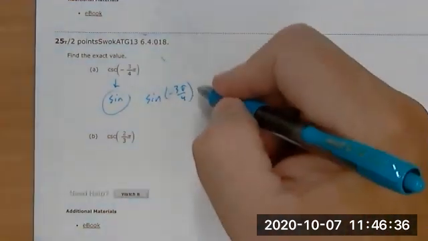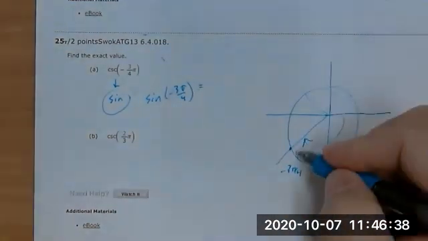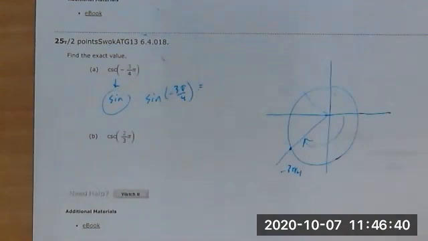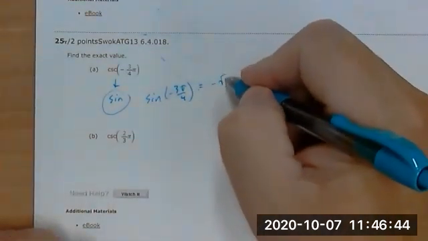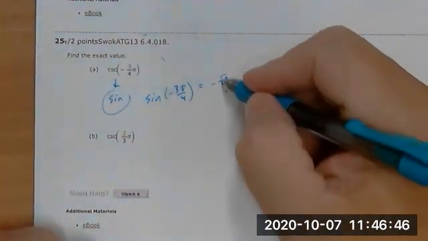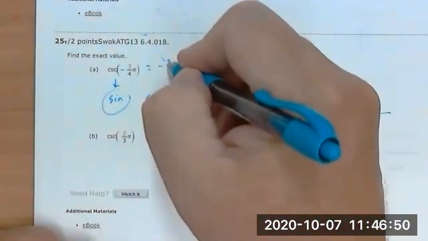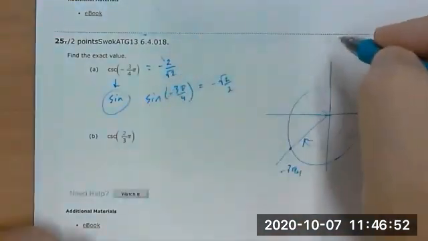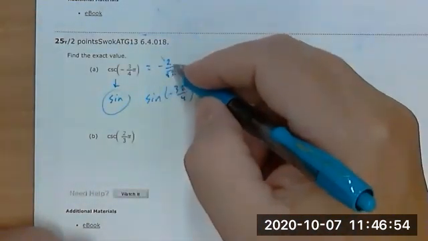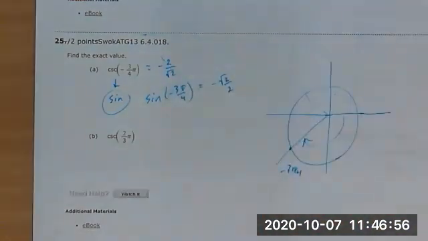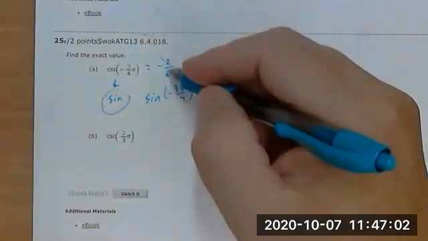What's the sine of that? This point right here, the sine, the value of y, is -√2/2. So I flip that to get the cosecant. I know in the world of algebra, they used to make you get rid of that square root, but in the world of trig, which is nice, I don't really care. So I'm going to leave that as my answer. It should be okay.